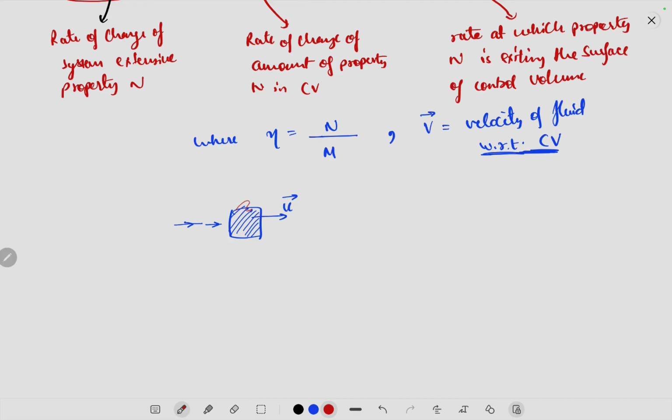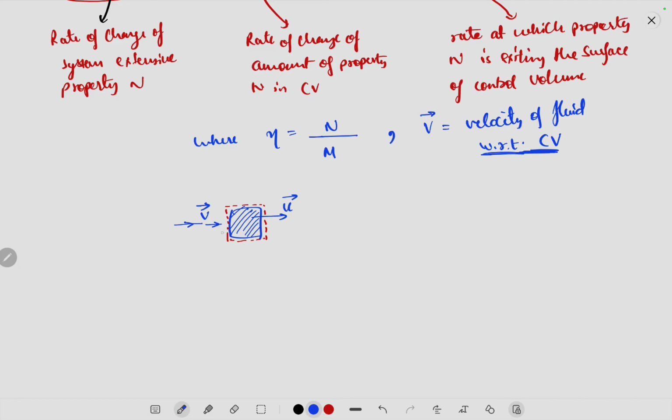To approach such problems, since our system of interest is this cube and not the jet, we'll take the control volume like this, and that control volume is also moving with this cube at velocity u vector. Now let's say in my lab frame this is velocity v vector.